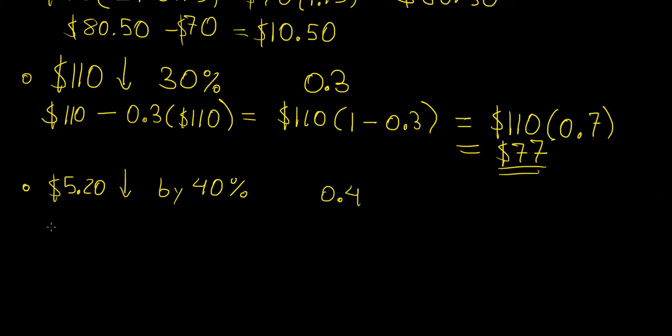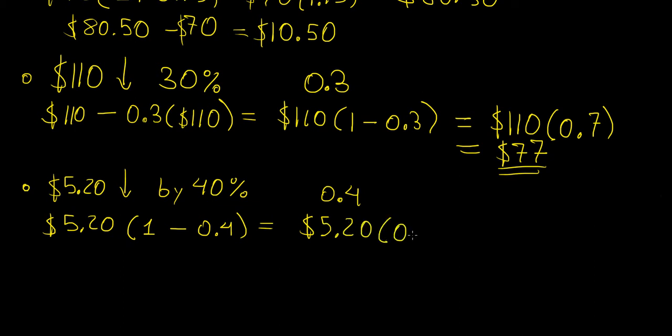And now we're going to do original amount, 5.20, times 1 minus 0.4, which is going to be 5.20 times 0.6. And now we just plug that number into our calculators. So we're going to have 5.20 times 0.6. And that's going to come down to $3.12.